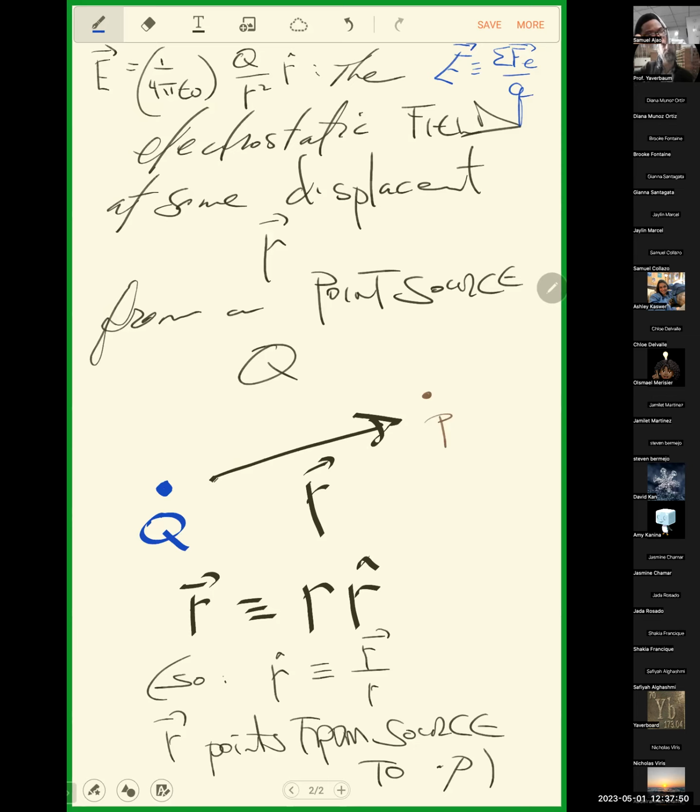If I say that the field at a point in space is 30 newtons per coulomb in a northeast direction, there might be no coulombs there at all right now. That's fine. There's a vector with magnitude 30 newtons per coulomb pointing northeast.